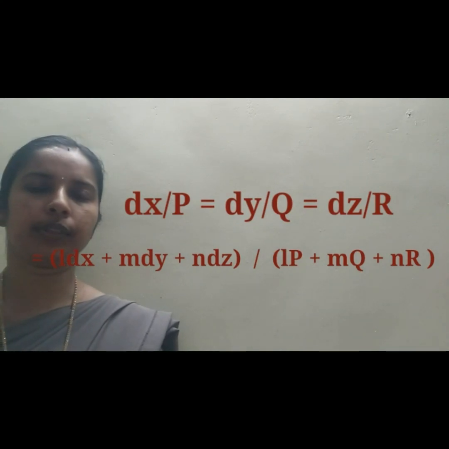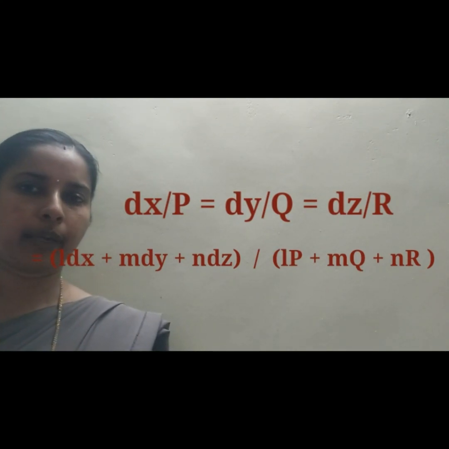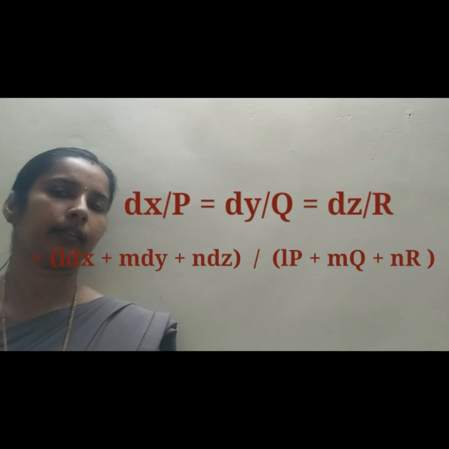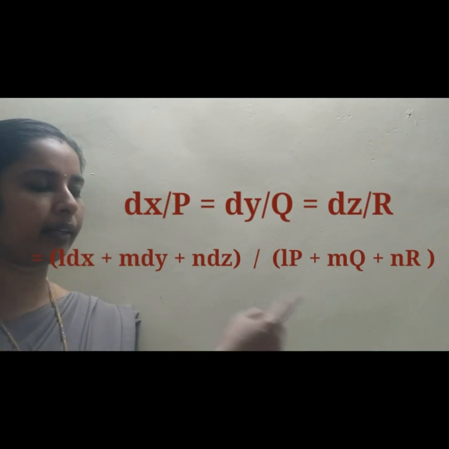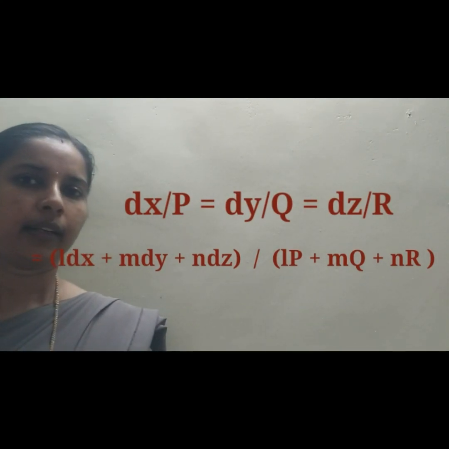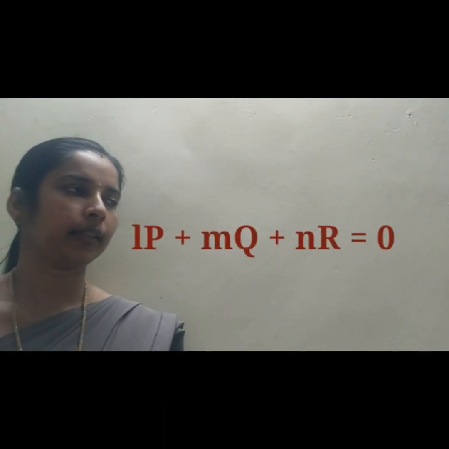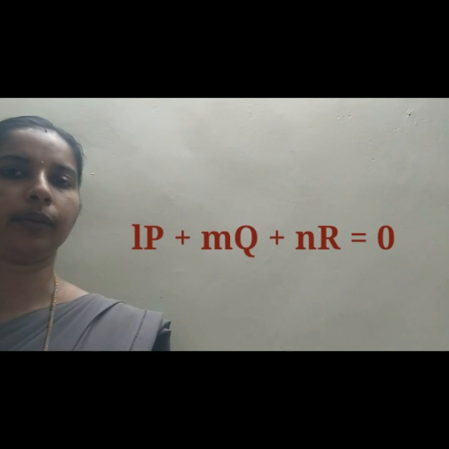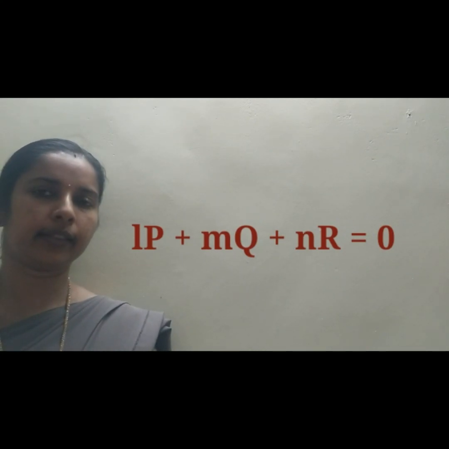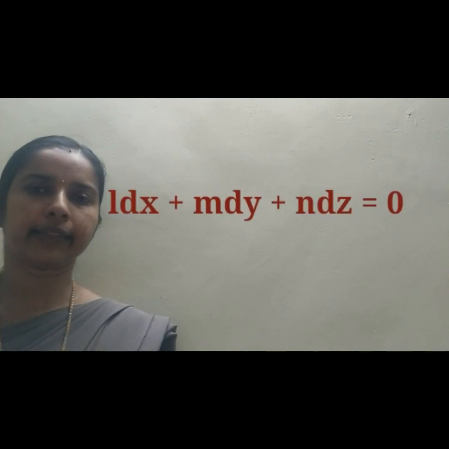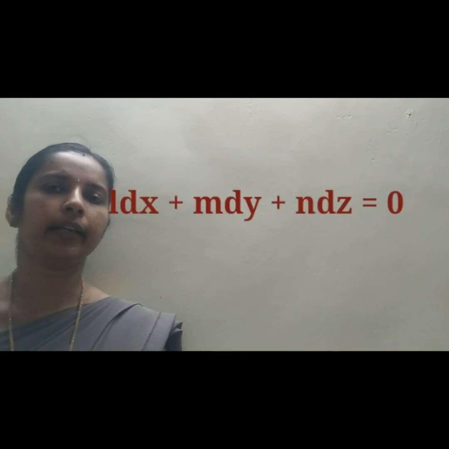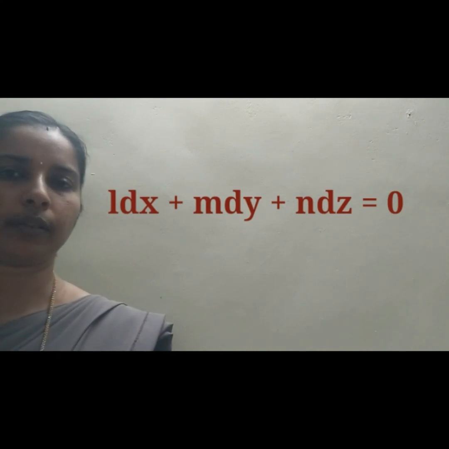If we can choose L, M, N in such a way that this denominator Lp plus Mq plus Nr equal to 0, then you can consider its numerator as 0. That is L dx plus M dy plus N dz equal to 0.